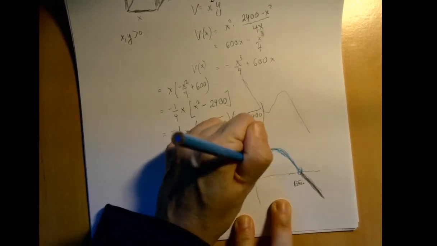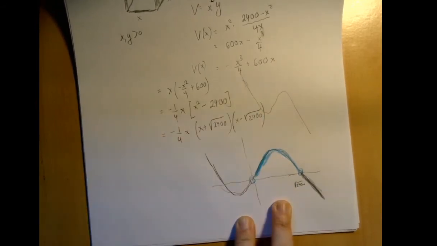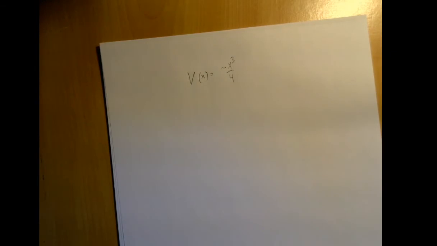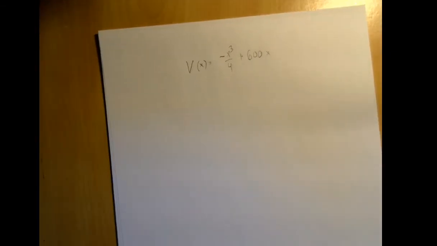So what that means is that we're expecting first a relative minimum, which is not going to be part of the domain, and then a relative maximum, which is also an absolute maximum given the domain. So let's see. So the volume as a function of x was minus x cubed over 4 plus 600x. We differentiate that.